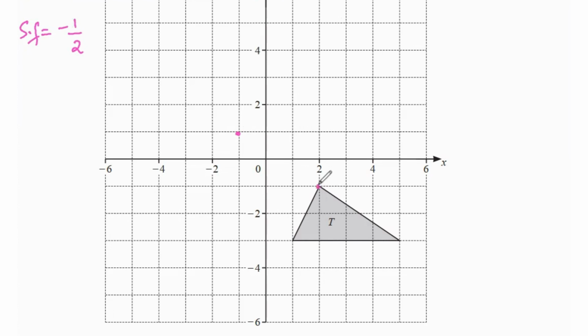So this point over here is 3 units from the center. Since it's being enlarged by a scale factor of -1/2, that means the size is reducing. Half of 3 is going to be 1.5. So it's going to be at a distance of 1.5, which means it's going to come over here.